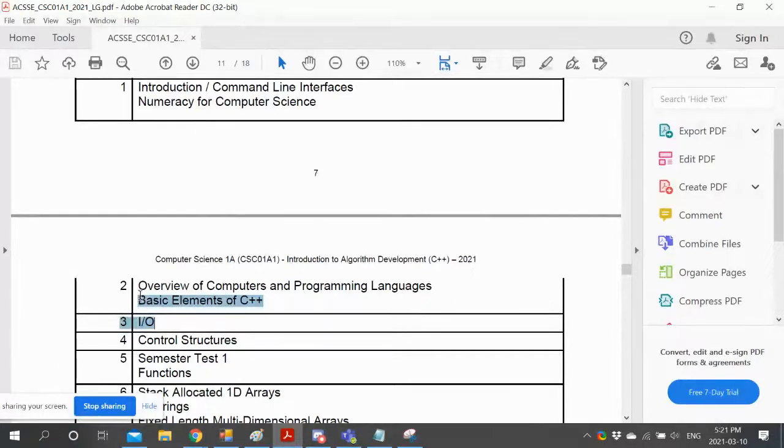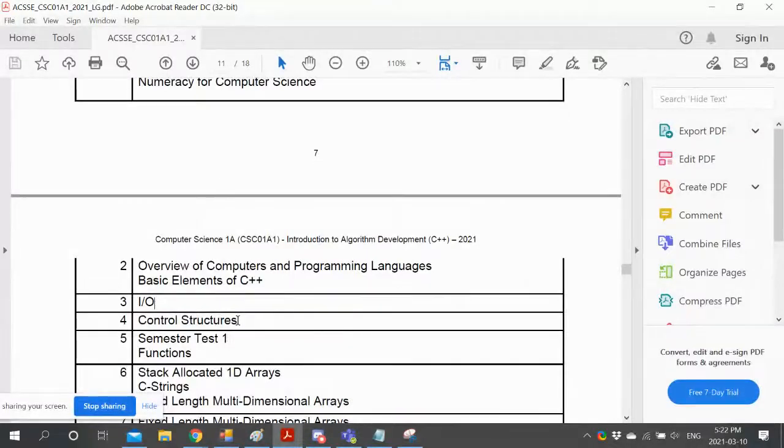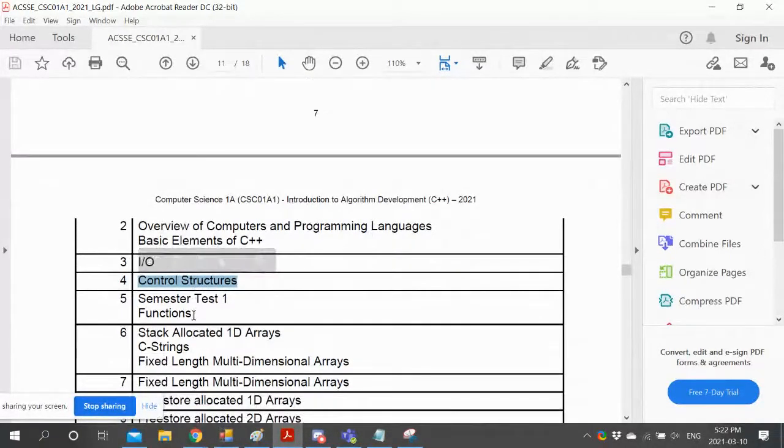We might do input, output in a separate week, but it might well be combined with the second week to keep things moving. We'll then take a look at how we give order and structure to our programs through something called control structures. Then there'll be our first semester test, as well as moving on to the section about functions. And it's just before the section on functions that we may make use of some of the command line stuff in a practical, but definitely not in the semester test.